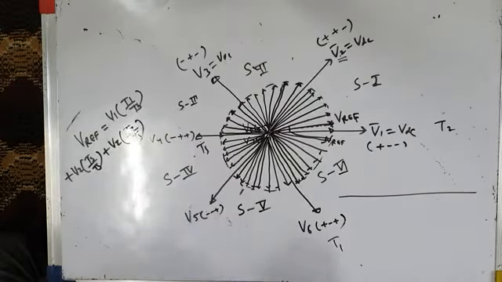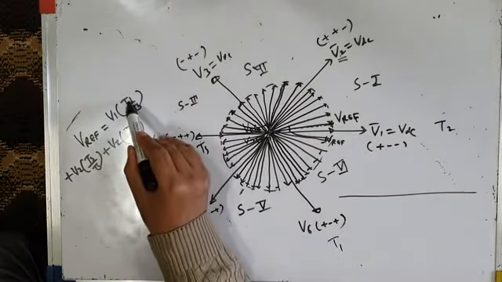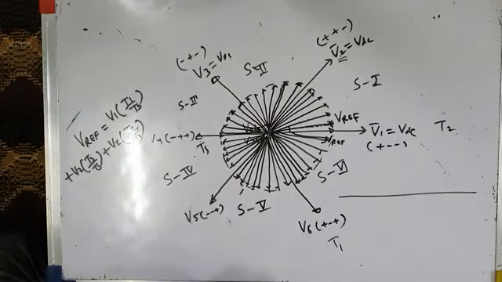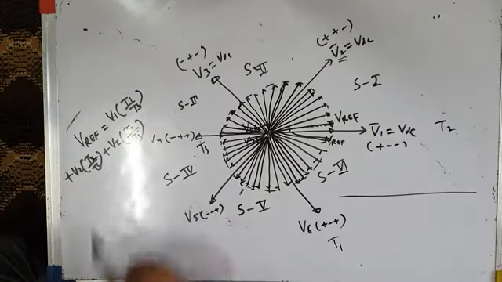This is time averaging. The V1 voltage vector, for example in sector 1, is applied for a time interval T1 out of Ts, V2 is applied for a time interval of T2, and Vz is applied for a time interval of Tz.